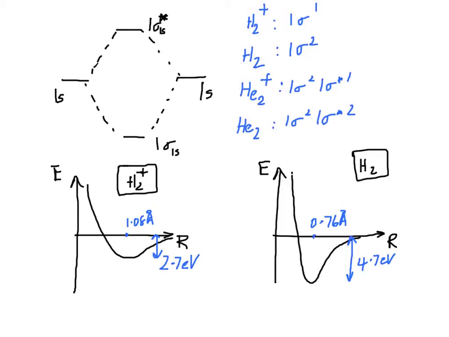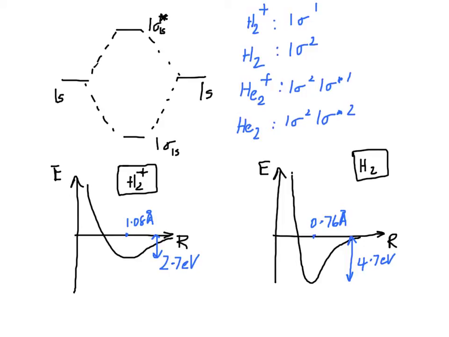Based on the arguments that we have made so far, we can safely conclude that the helium dimer is not going to be very stable, because the 2 electrons in the bonding orbital provide some stability, which is pretty much offset by the destabilization due to 2 electrons in the antibonding orbital. So He2 is not expected to be stable, and in fact experimentally He2 has not been observed.